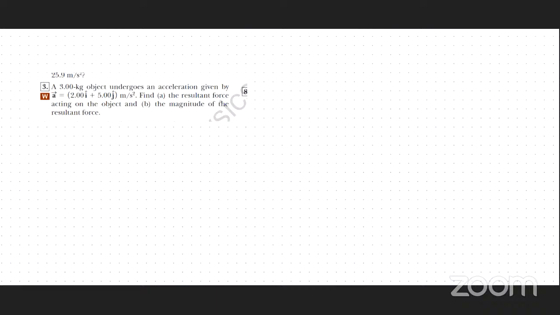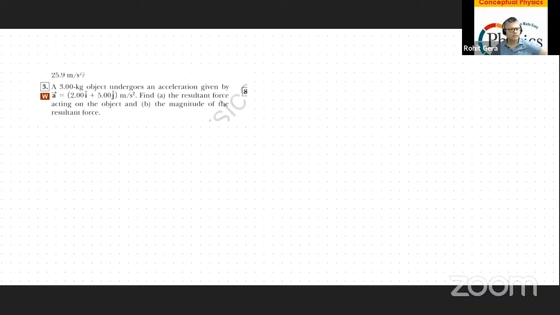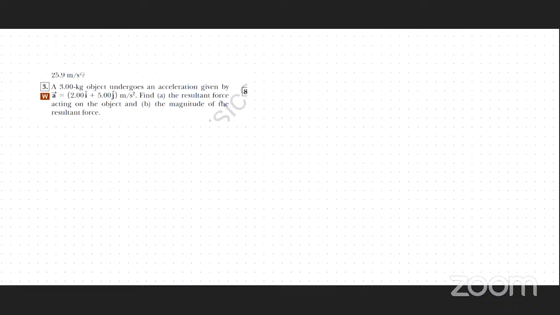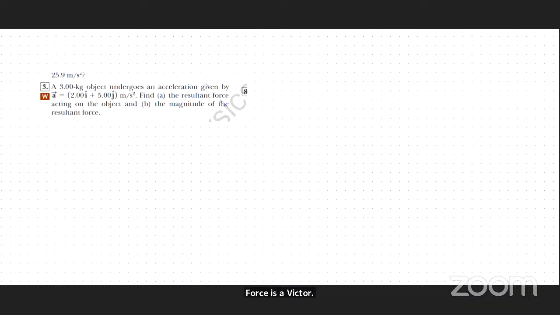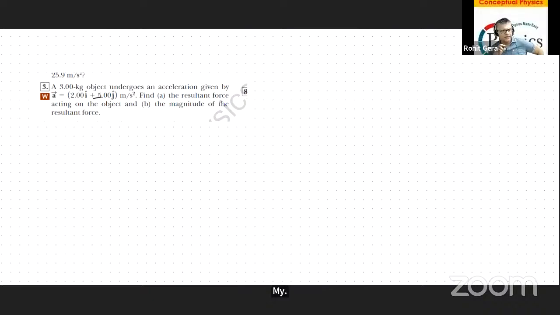क्या हम एक्सेलरेशन का मैग्नीट्यूड ही ले लें? Force is a vector. एक्सेलरेशन का ही मैग्नीट्यूड अगर ले लेंगे तो फिर हम शायद फोर्स निकाल पाएंगे. You mean to find the magnitude or direction? Force is a vector.